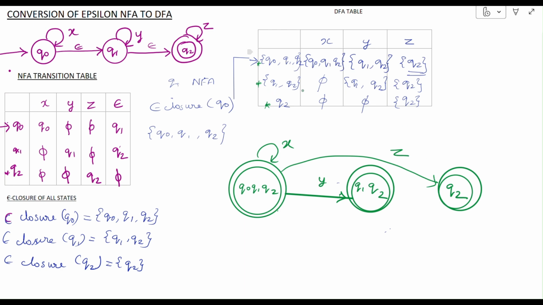From Q1, Q2, on Y it is moving to Q1, Q2, and on Z it is moving to Q2. Q2 does not have any transition on X or Y. On Z it is moving to Q2 itself. So this is the final equivalent DFA diagram.